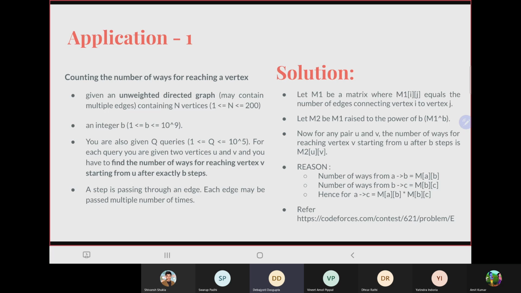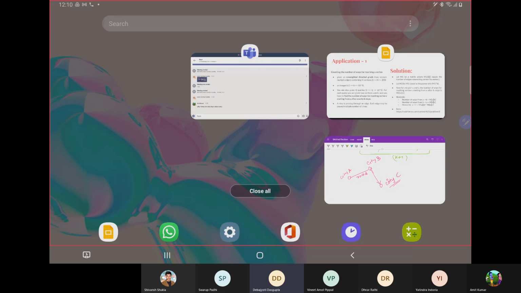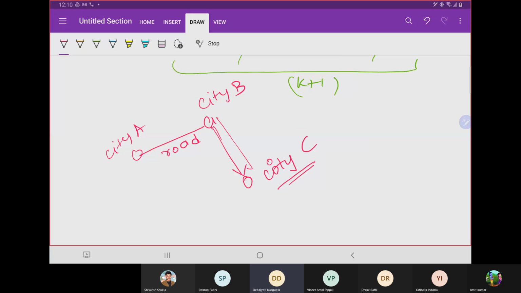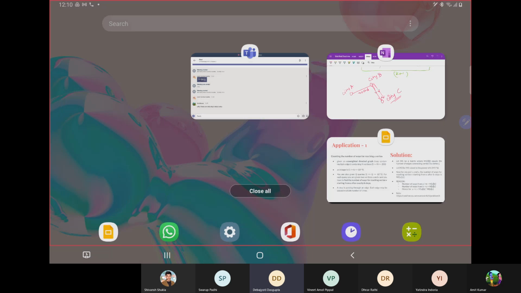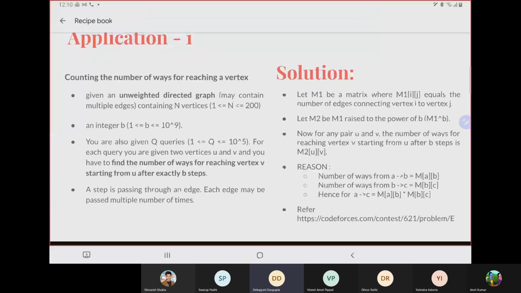You see that the entry M of A, B will represent the number of ways of reaching B from A. Also, one more note: there may be multiple edges from A to B. If you have one road, you may have two roads from B to C with different traffic. A car may go from this road, or if it is busy, the other car may go from the other road. So there may be multiple edges from B to C.